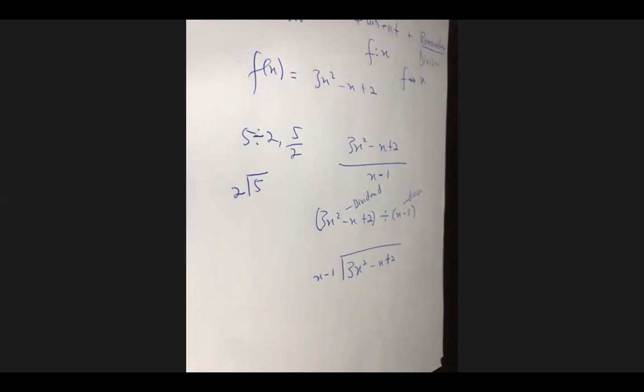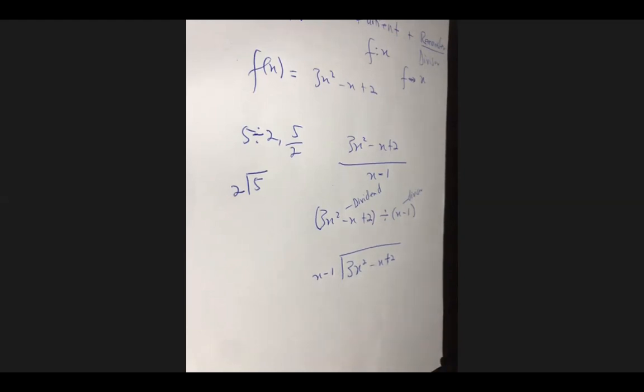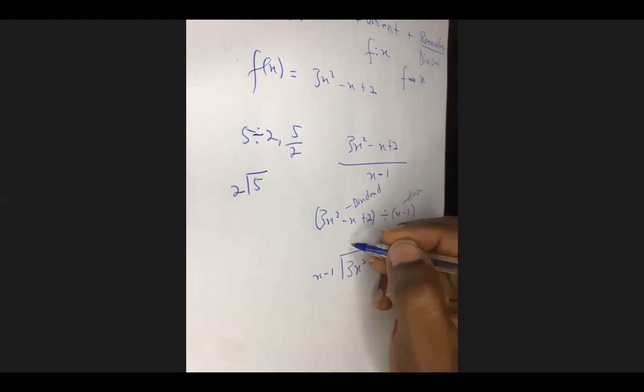The first thing you have to take note of is that you are always dividing by the variable. So once you see this variable and you see 1, don't get confused. You check how many times this x is going into 3x squared. That is the only thing. The number of times this x is going into 3x squared. So x is going into 3x squared, 3x.